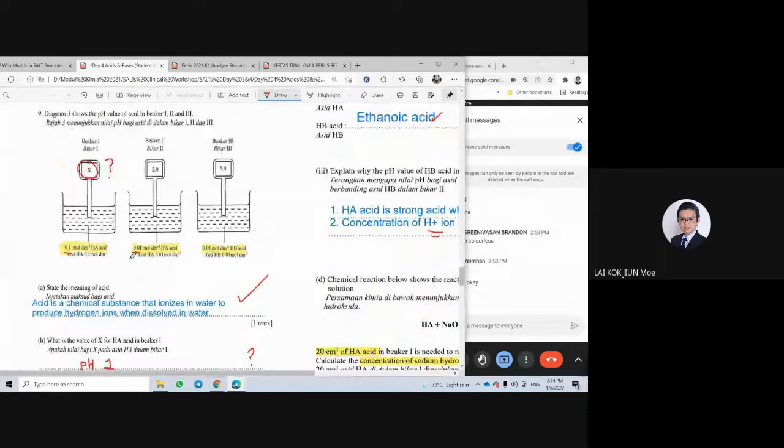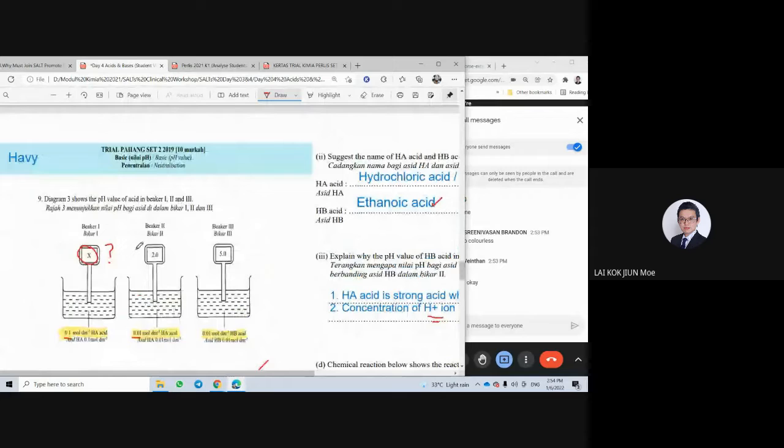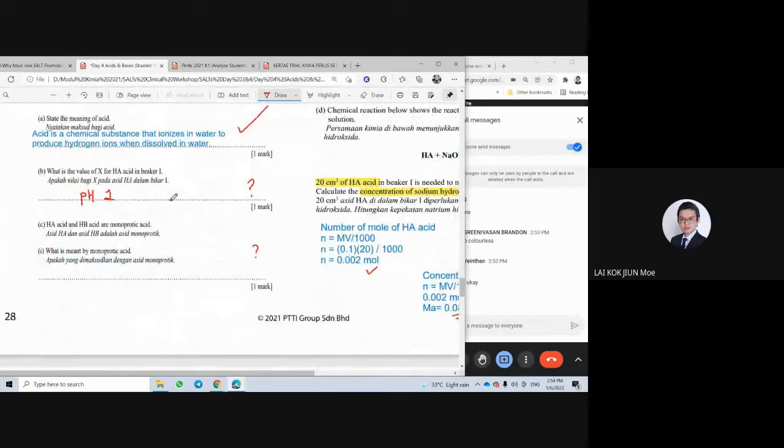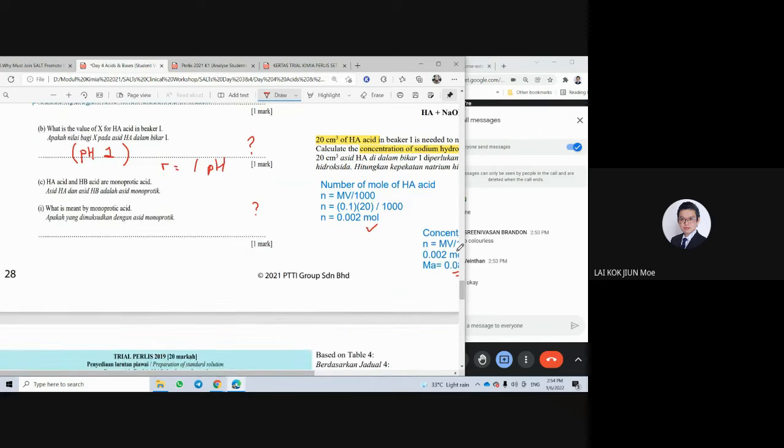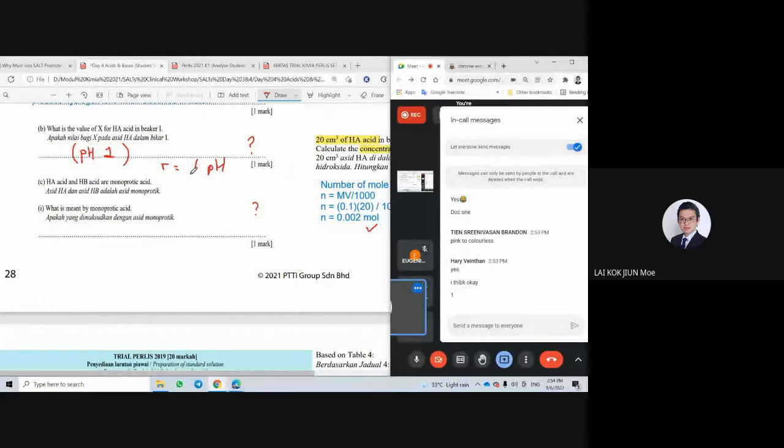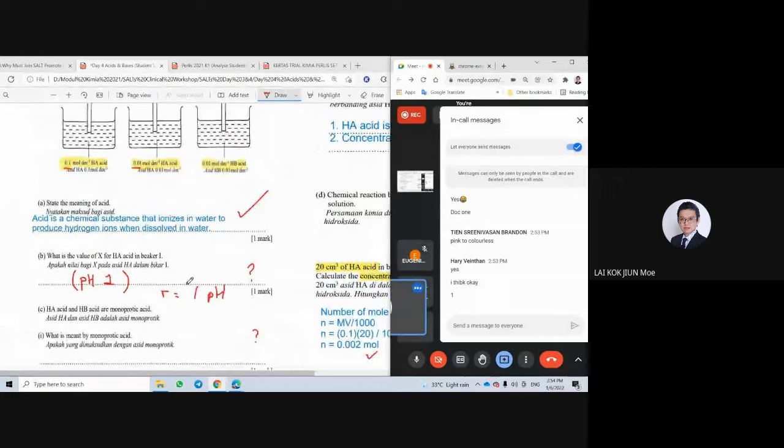You know last year your seniors wrote 1 pH. You cannot simply change the terms. They reject the answer, 1 pH is wrong, cannot write 1 pH. Dangerous. If you write 1 only, it's still okay. If you want to write pH, make sure it is pH 1.